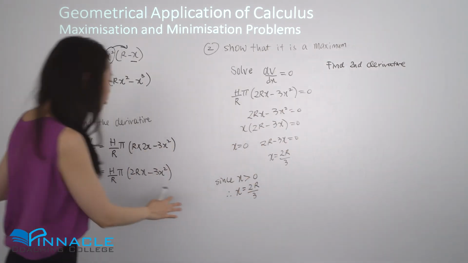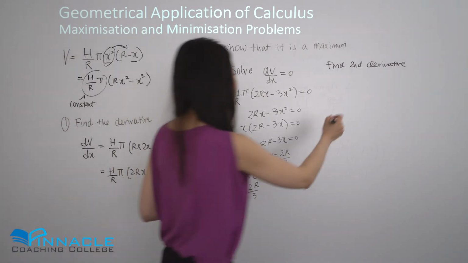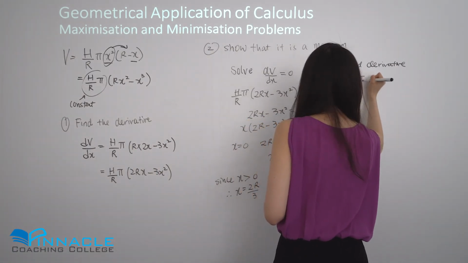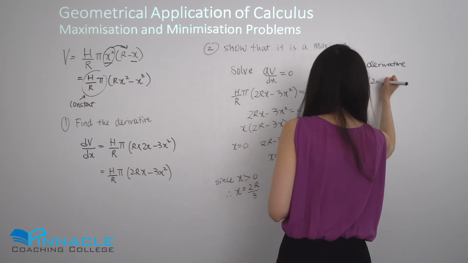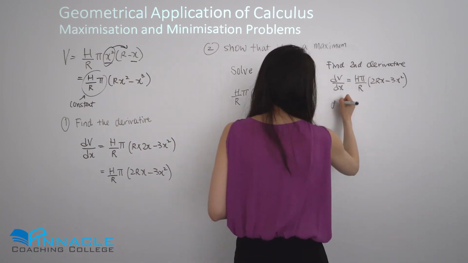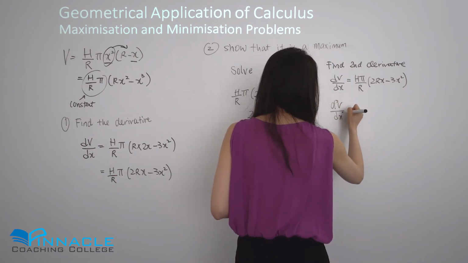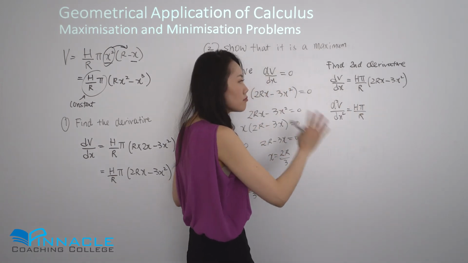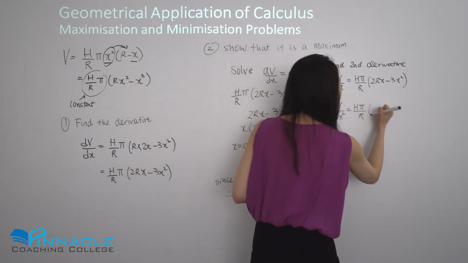So I'm just going to grab this expression, just copying that across first. And then we differentiate that again. So the constant stays put, you're only differentiating the inside.